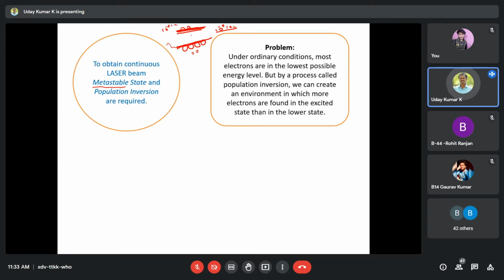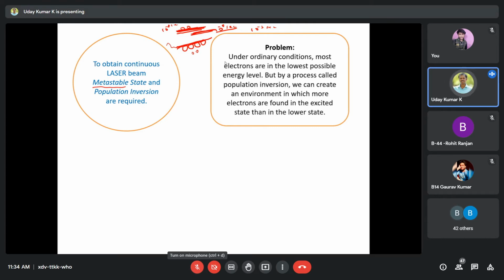Somewhere in between you create one more state, and if the atom stays there for some 10 to the power of minus 3 seconds, that is long. The lifetime is higher compared to 10 to the power of minus 8, which means 1 lakh times higher. So the atom is staying 1 lakh times longer compared to the higher energy level. That's what a metastable state is.